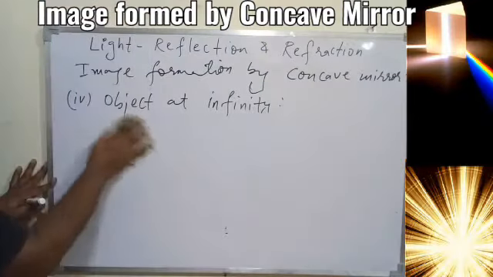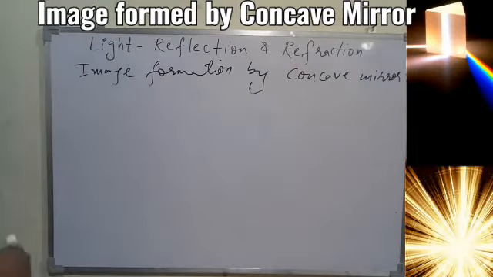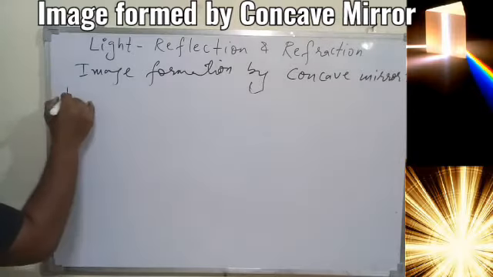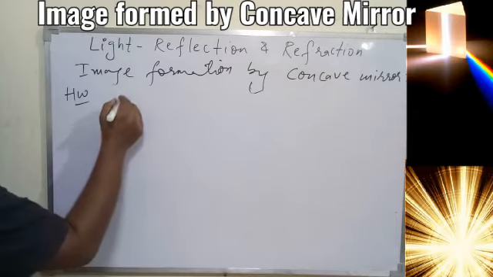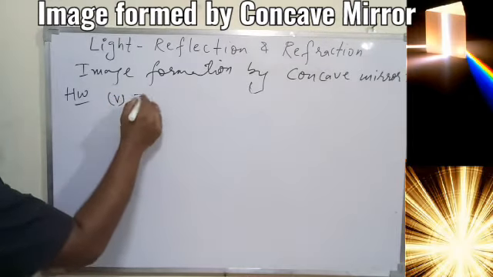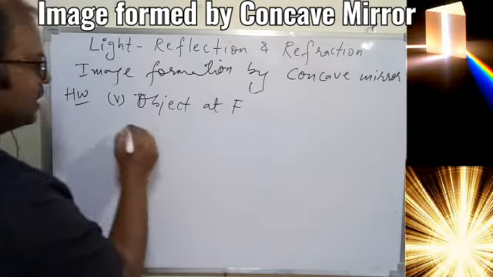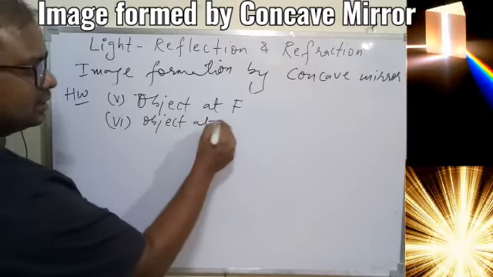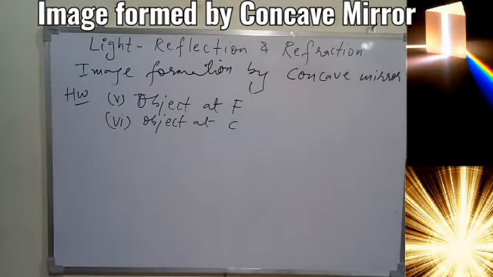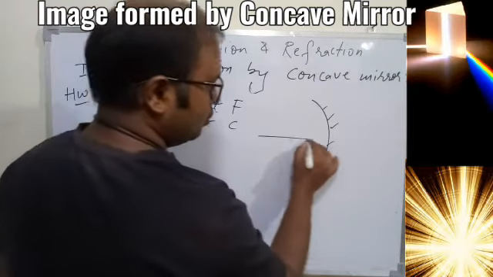Two cases are left, which are to be done by you, because you must try yourself. Otherwise, you will not be able to learn and understand properly. So I am giving homework: case 5, object at focus, and case 6, object at C. You have to try these two cases yourself, making a rough diagram now.